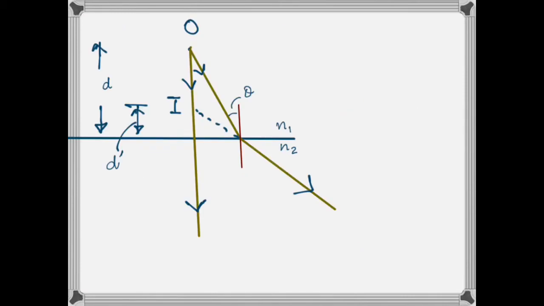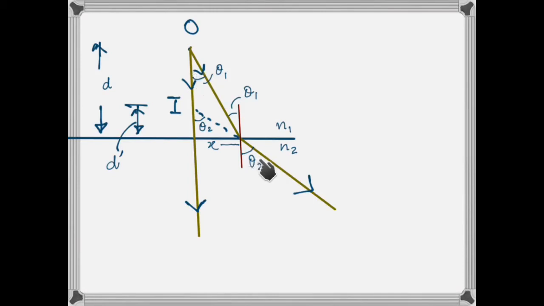So in this diagram, I have shown the object and these two rays. Suppose this angle is theta 1. Since these rays are parallel, both are normals, and the third ray is cutting them, if this angle is theta 1, this will also be theta 1, alternate angles.